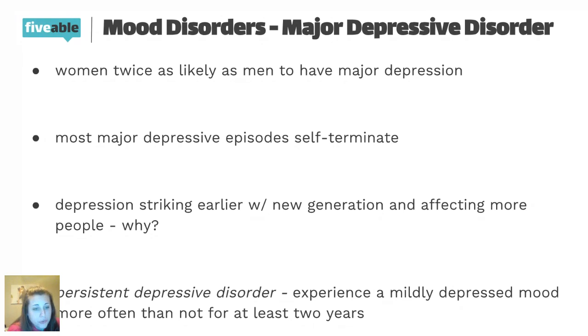And there's a new-ish diagnosis that's come out in recent years called persistent depressive disorder. This is experiencing a mildly depressed mood for at least 2 years. Major depressive disorder is like, gosh, I can't get out of bed, I can't eat, I can't sleep. With persistent depressive disorder, you're still probably going about your life, but it's just kind of difficult. You're tired. You just don't feel great.